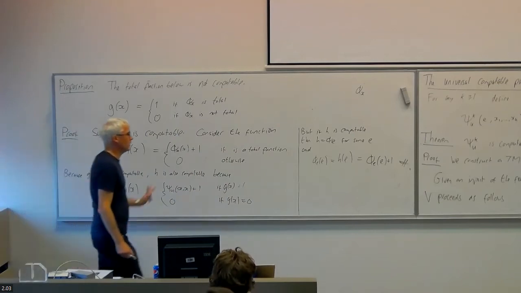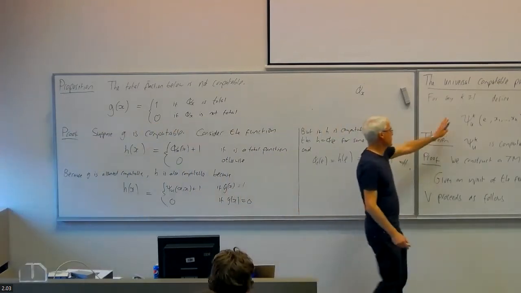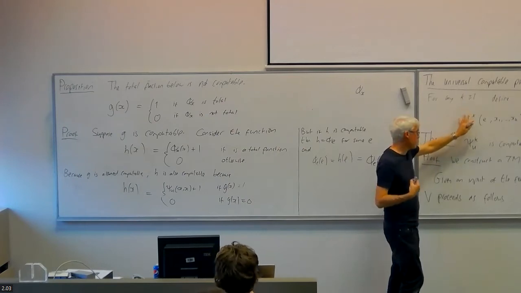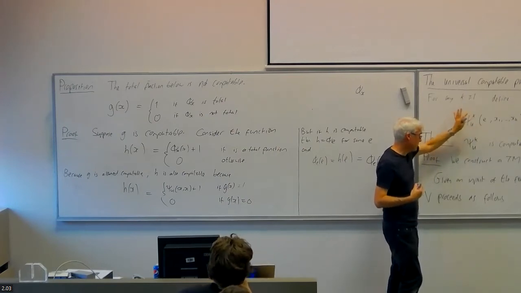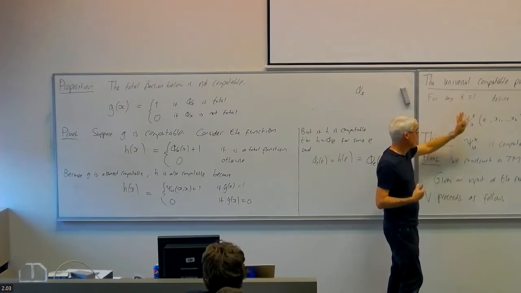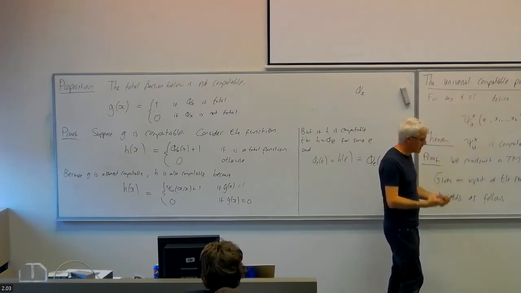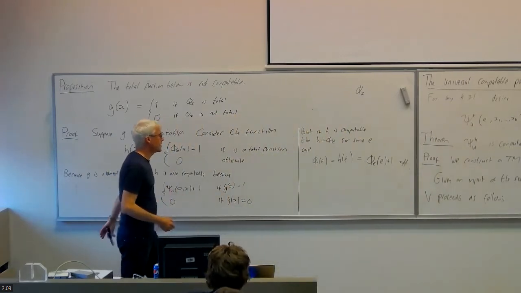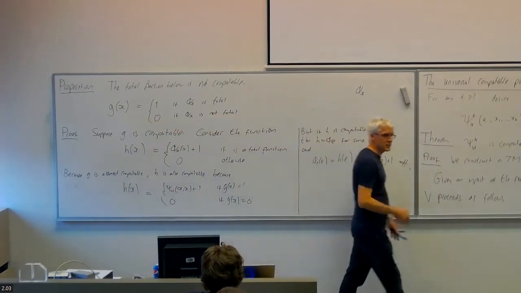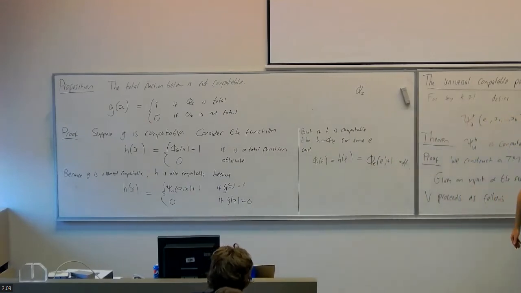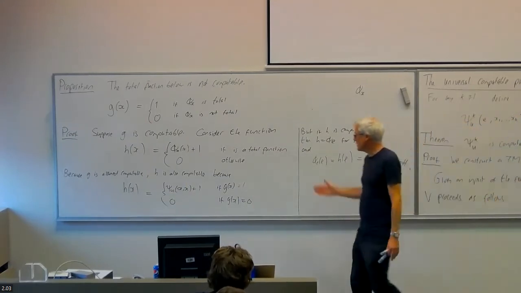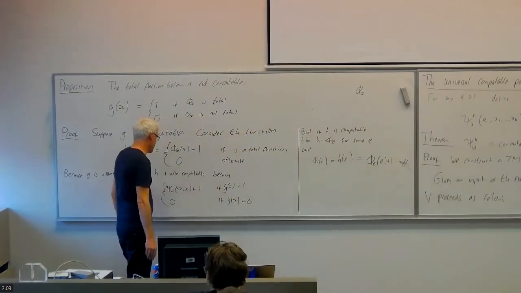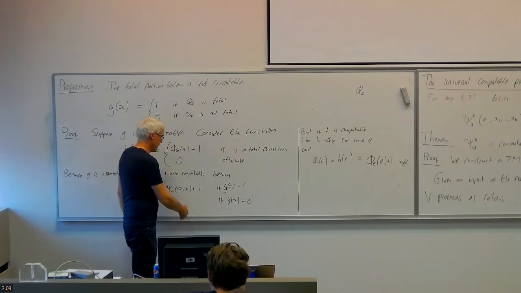Okay, so I hope you see that this abstraction of the idea of the universal Turing machine to the universal computable partial function allows one to do these rather simple arguments, just using functions on natural numbers as the basic ingredients and combining them using simple closure properties of computable functions.